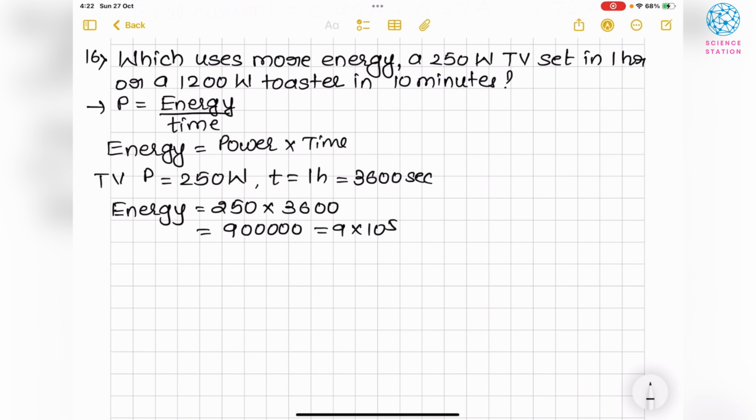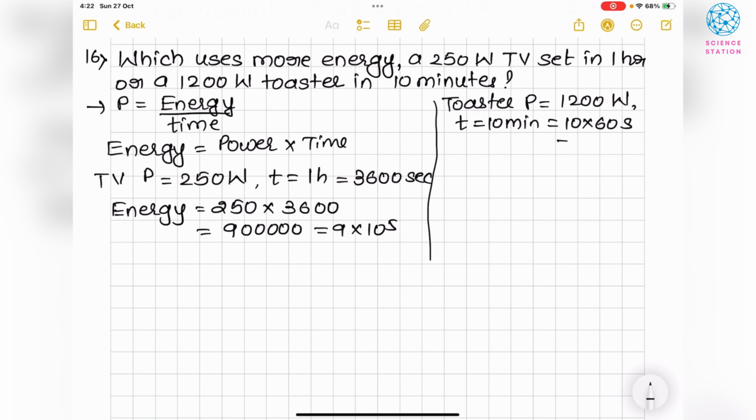Now for toaster machine, P is 1200 watt and T is 10 minutes, so 10 minutes means that will be 10 into 60 seconds, so 600 seconds.